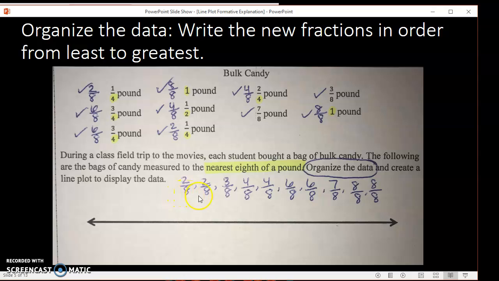So we need to make sure both of them are represented in the list. So we've got 2/8, 2/8. Notice that I checked off as I went along to keep track and make sure that I didn't miss any data points. So in the end, having from least to greatest, from 2/8 to 8/8, or 1, I have 10 data points, and up here I have 10 checks. So everything is accounted for.